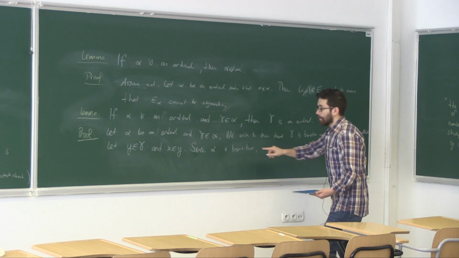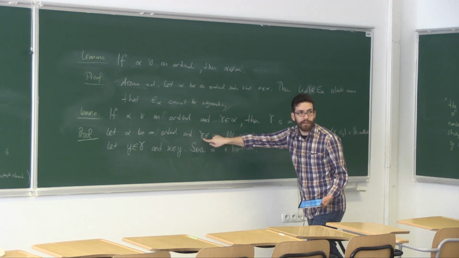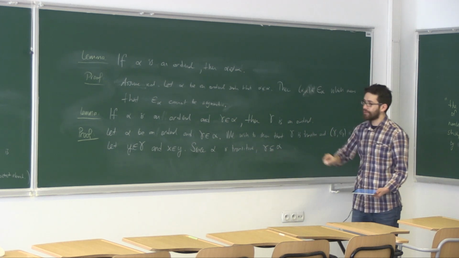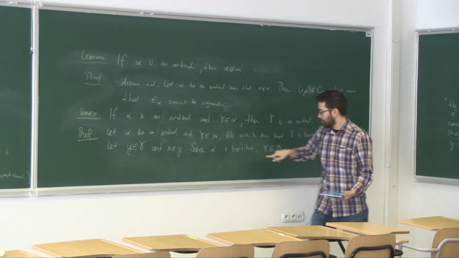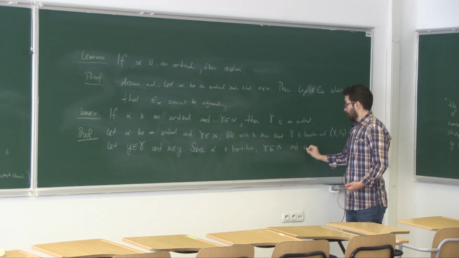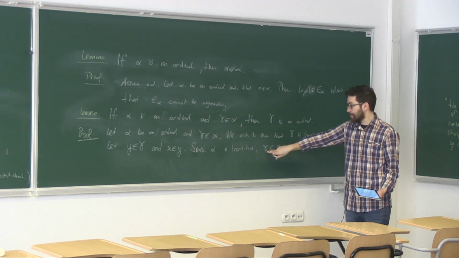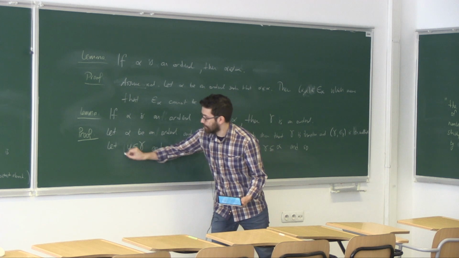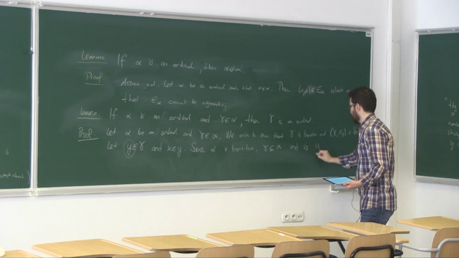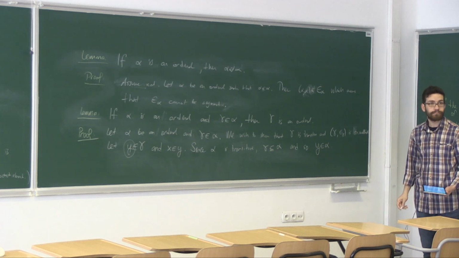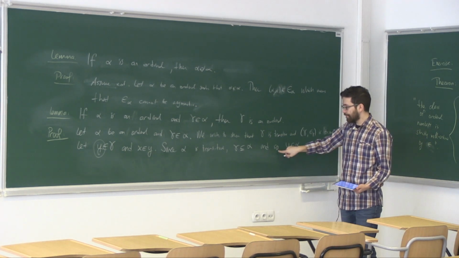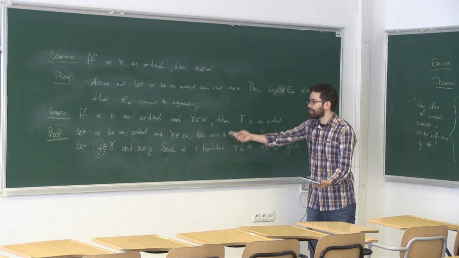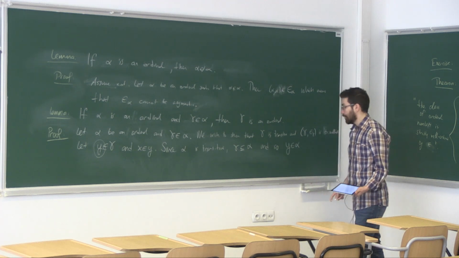Which means what? Any member of that set is actually a subset of it. So this gamma is not only a member of alpha, but it's also a subset. Which means that, well, if gamma is a subset of alpha, then any element of gamma is an element of alpha. So I'm using the fact that alpha is transitive.